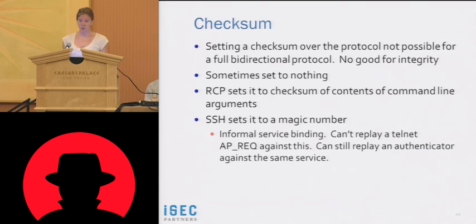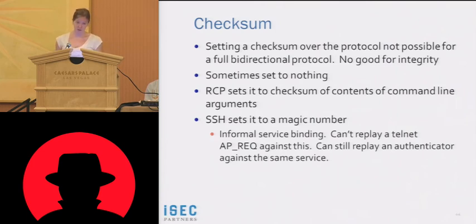If I take a request that was sent to authenticate another service like Telnet, and I try to use it in the context of SSH, SSH is going to check the checksum and see that Telnet did not set the checksum to anything, and it's looking for its magic number, and it will reject it. So effectively, it's an informal service binding, which means that you can only do replays of requests that have been intended to be sent to that service.